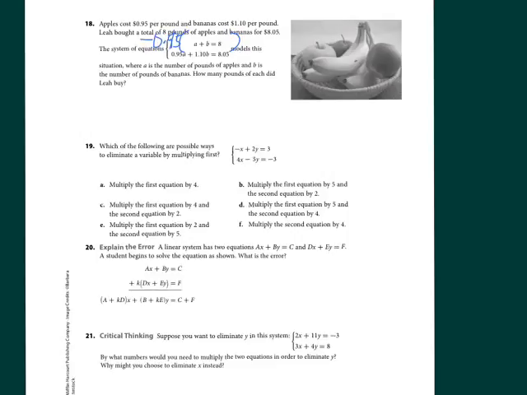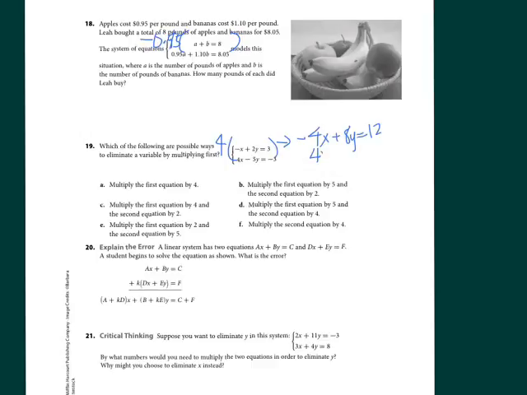So you can see here that the 4 would cancel. If I just had a 4 here, I would have a negative and a positive. So what I'm going to do is multiply my entire equation on top by 4. So I'm going to get negative 4x plus 8y equals 12.